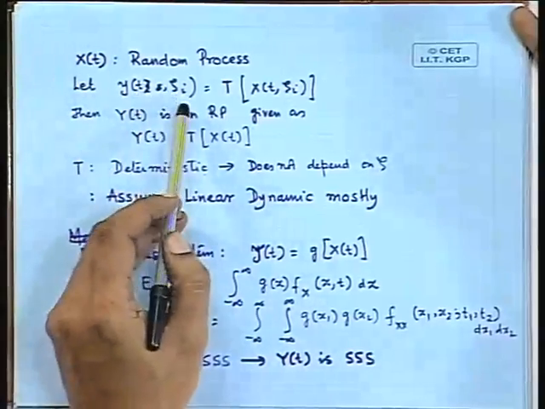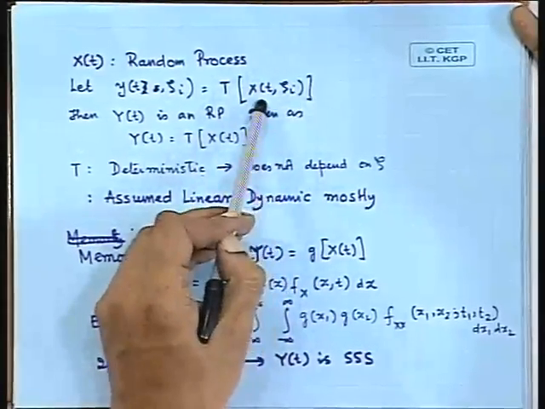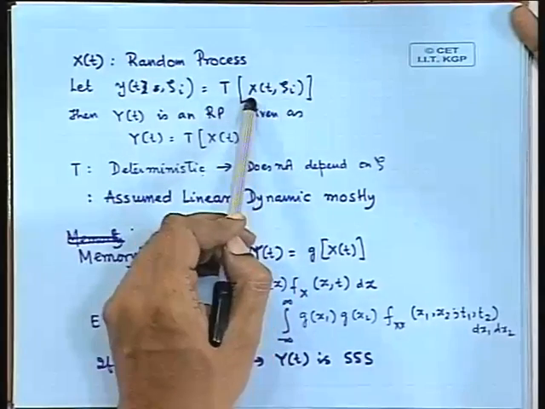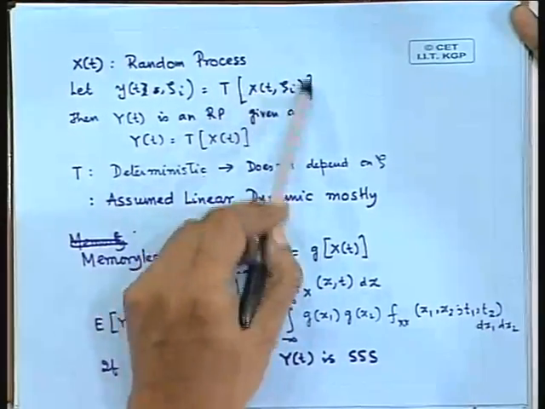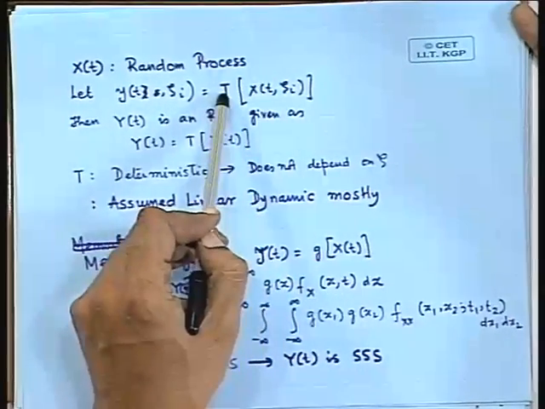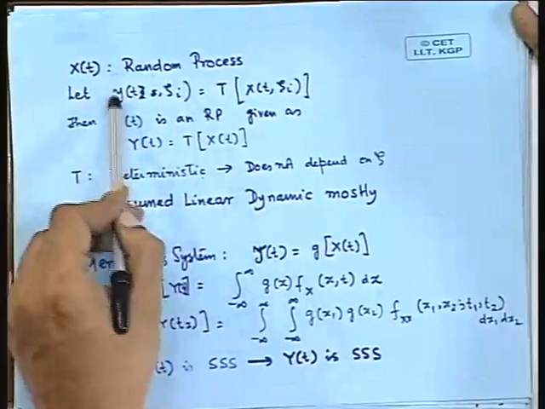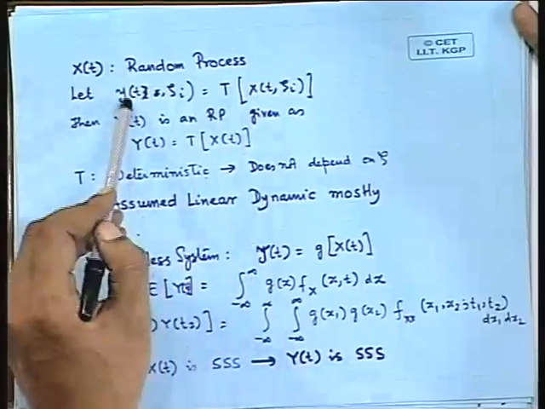So given that X(t) is a random process, corresponding to every experimental outcome xi you have a function x(t). Now if you apply an operator T on that function and you get another function y(t), then you can directly associate this function with this xi.